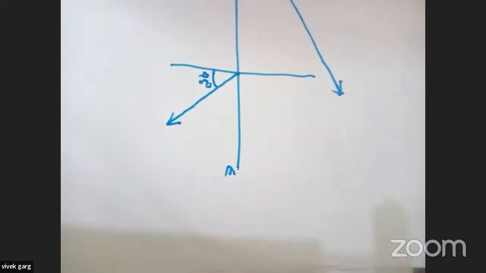Most people would say, sir, the rain is falling at 45 degrees southeast, or they'll simply say southeast. Now understand, it's not southeast.